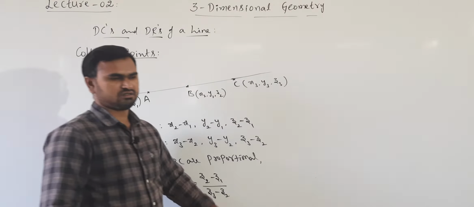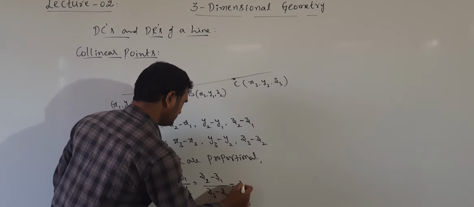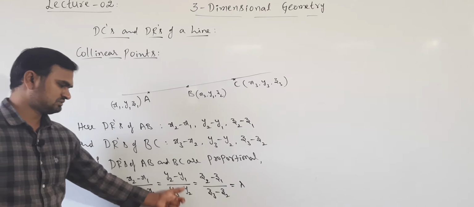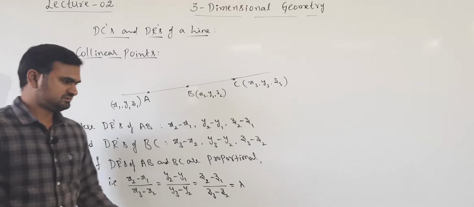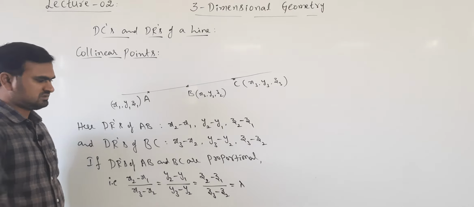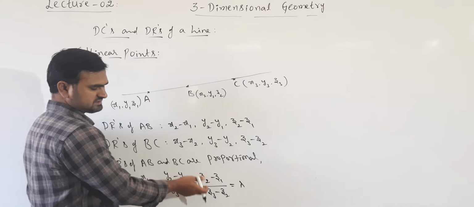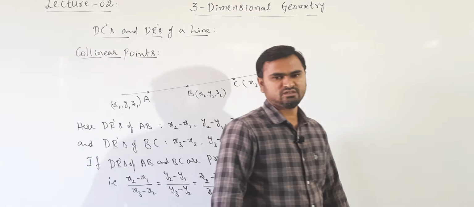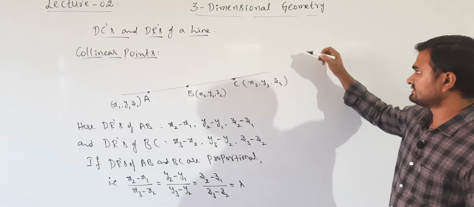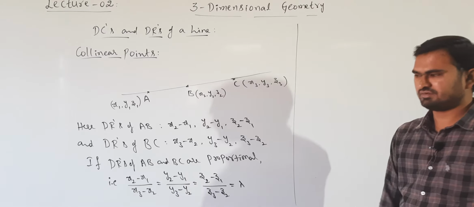If these are equal to some value lambda, then we can say that these 2 DRs are proportional for AB and BC. So if DRs of 2 lines are proportional, how will the lines be? In vectors we studied: DRs of 2 vectors are proportional means the vectors are parallel vectors.